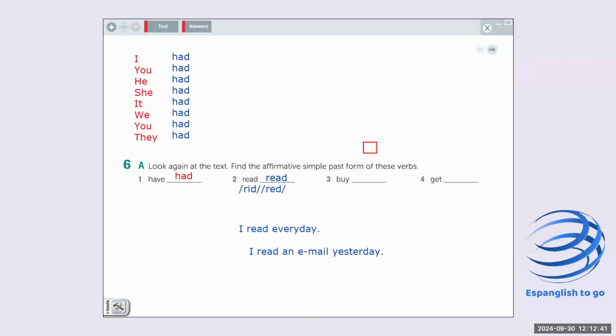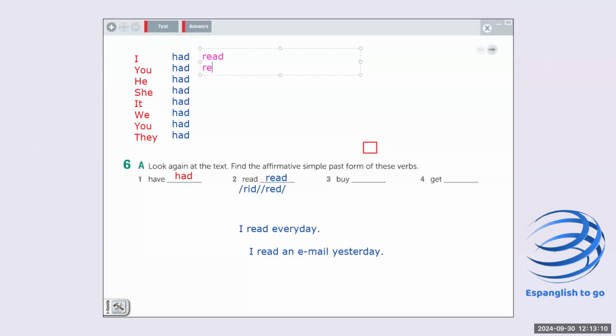Remember, I read every day, present. Past, I read an email yesterday. Now remember, read is for all the persons. To check if read is in present or past, you have to see the context.